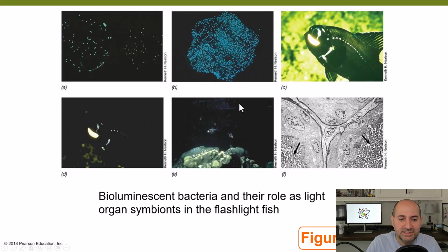So here you can see these bioluminescent bacteria. They can localize to structures in the face of the fish. You could see them on squid structures as well. Here they are growing on a plate. You can see that the colonies themselves glow. Isn't that interesting?